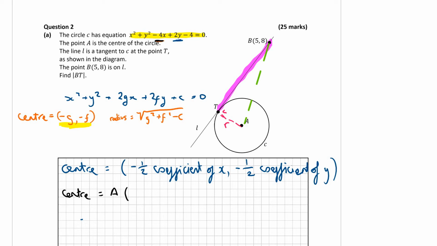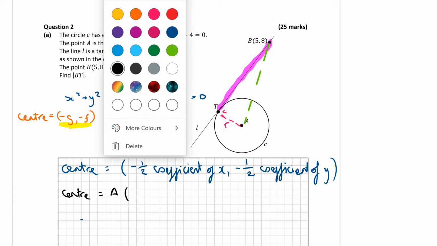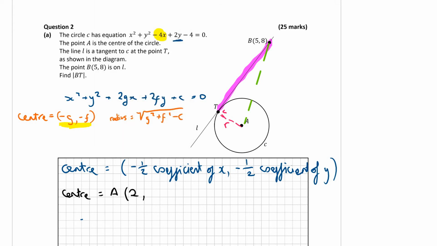So it's minus a half of minus 4, which gives you the number 2. And minus a half of the number 2, which is the coefficient of y, is minus 1. So therefore I know that the center, which is the point A, is the point 2, minus 1.